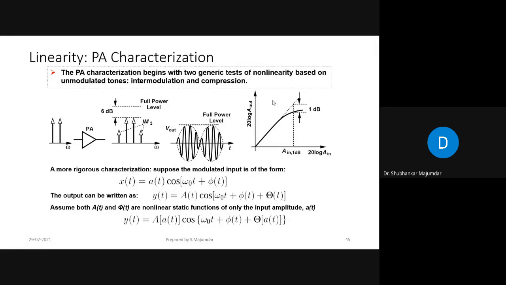We utilize that Volterra series to see how much the third, fifth, seventh, or ninth harmonics are affecting the power level. So we are always looking at the full power level. If it is 6 dB, it's good. And if it is a 1 dB compression point, then it will be fine for us to design a circuit.